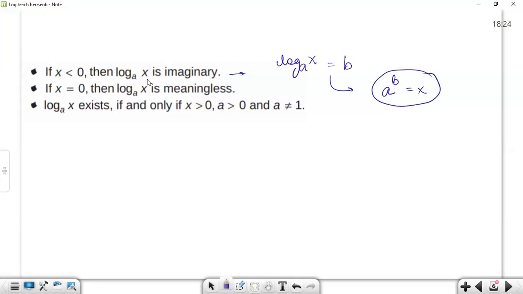Logarithm of x to the base a will be imaginary if x is negative. So x will be negative only if a is negative.